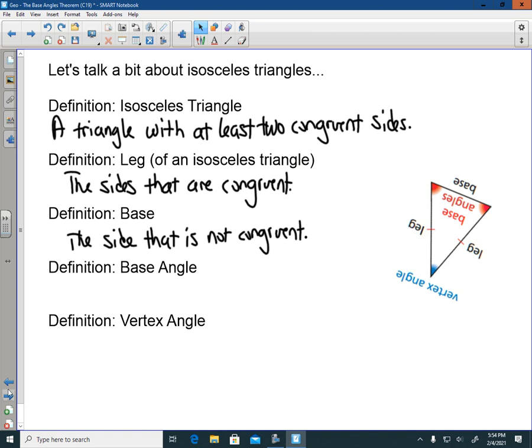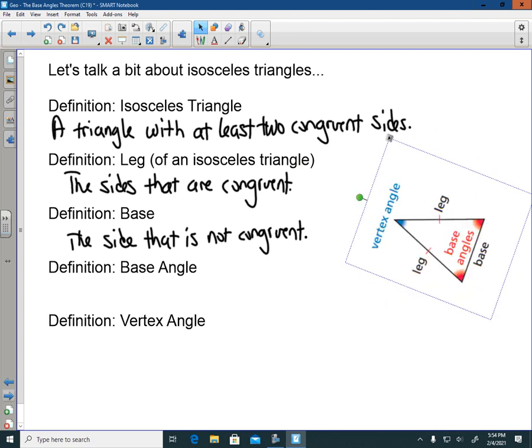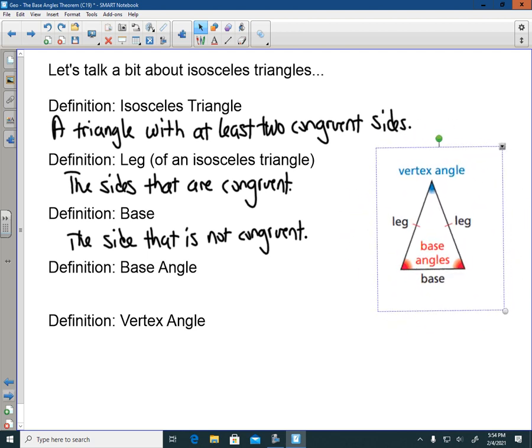It's not at the bottom, it's somewhere over there, but it's still called the base because the base is not defined by where it is. It's defined by the fact that it's the one side that's not congruent. So be careful. In this particular case, in this particular figure, the base is at the bottom, but it won't always be. Remember to look for the one that is not congruent.